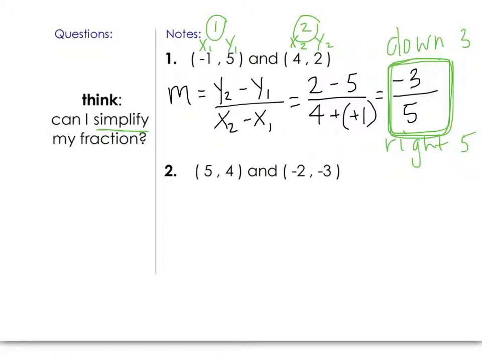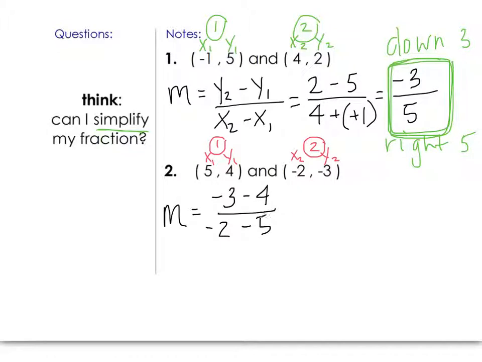Let's look at number 2. This is point 1. This is point 2. This is x1, y1, x2, y2. So slope, or m, equals y2, so negative 3, minus y1, which is 4, divided by negative 2 minus x1, which is 5.